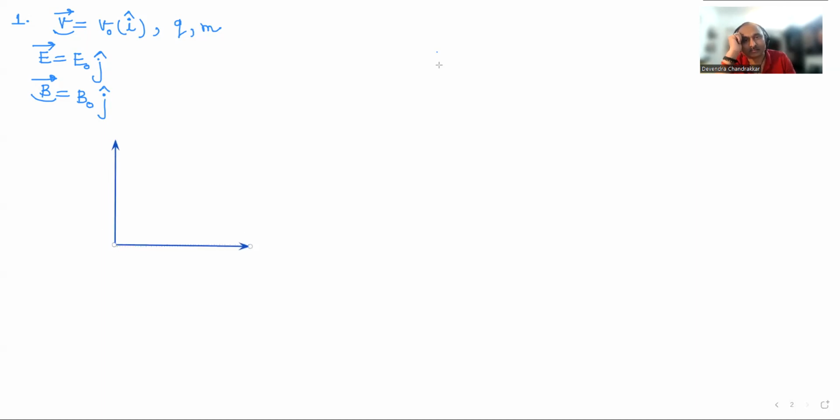So this is the xz plane we have, and the particle is projected at this place. Right? This is the x-axis, the horizontal one. And I am taking this as the z-axis, right?